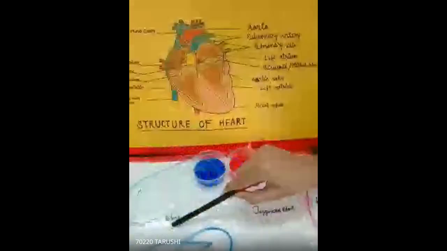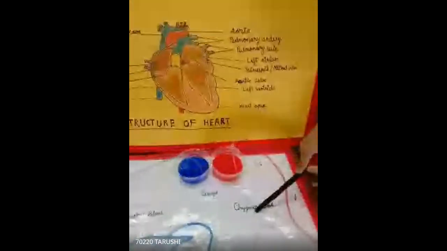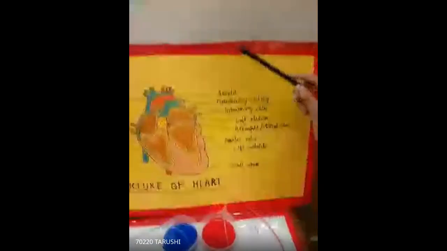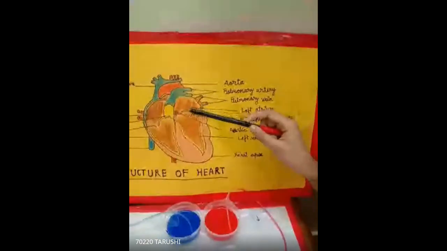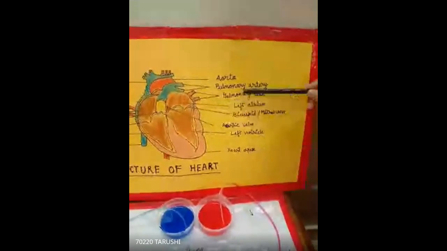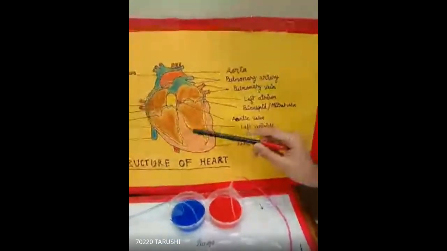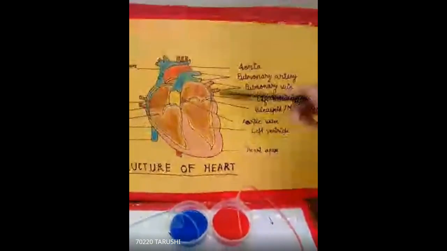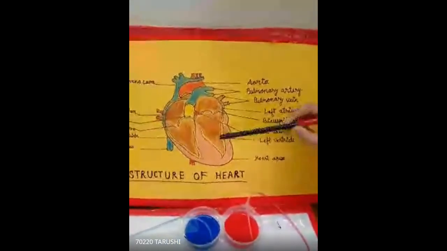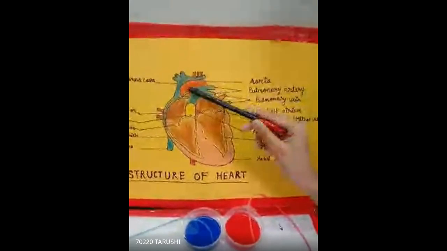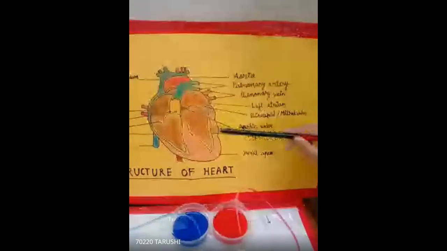After that, the lungs purify deoxygenated blood to oxygenated blood. Then the oxygenated blood enters to left atrium through pulmonary vein, and then it enters to left ventricle. The blood do not mix because of bicuspid valve, and then it enters to aorta through aortic valve.